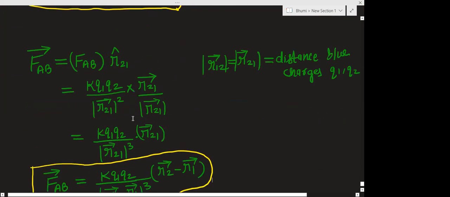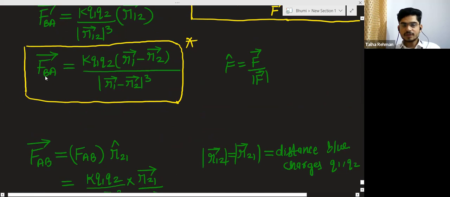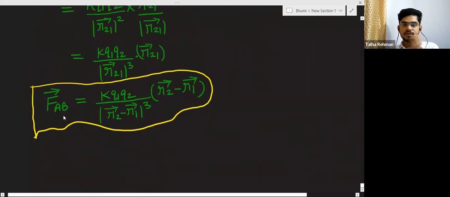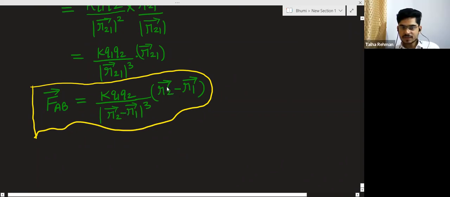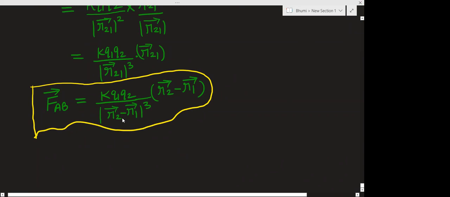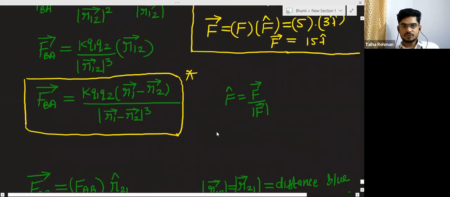If you want to calculate FBA, from B to A, you will use the cube of r1 minus r2 and multiply with the r1 vector minus r2 vector. If you want to calculate FAB, then you will write k q1 q2 over the cube of r2 minus r1, multiplied with the r2 vector minus r1 vector. The cube of this and the vector you multiply with are the same. So you can note it down.